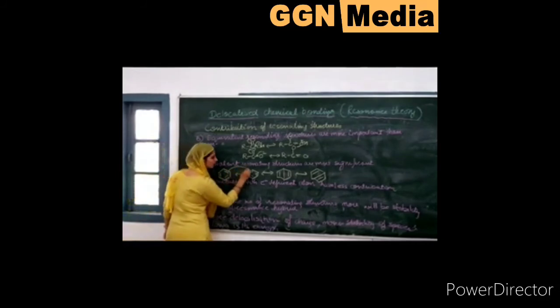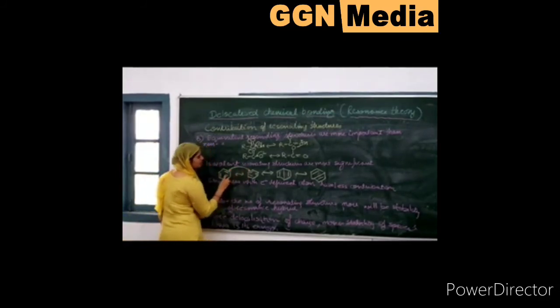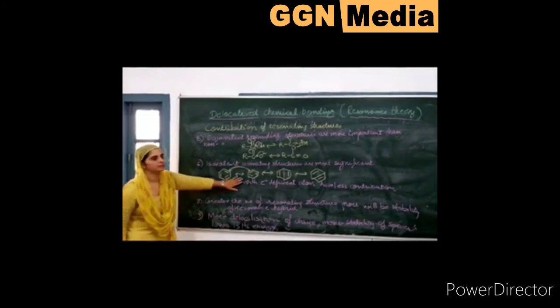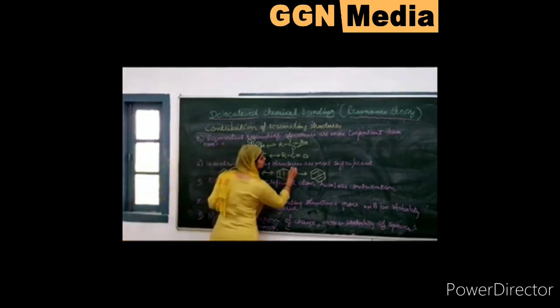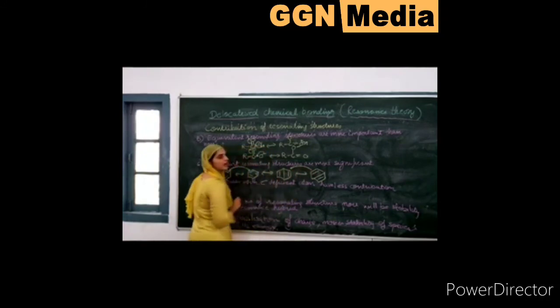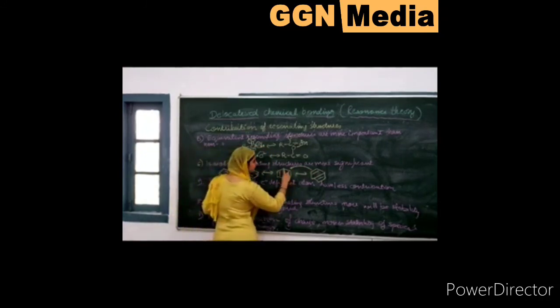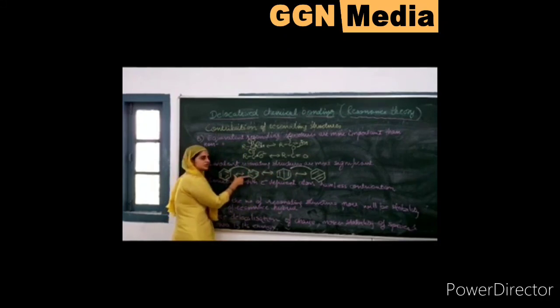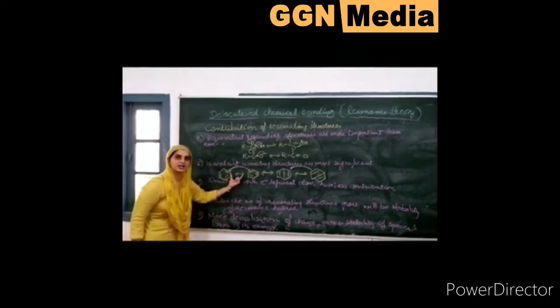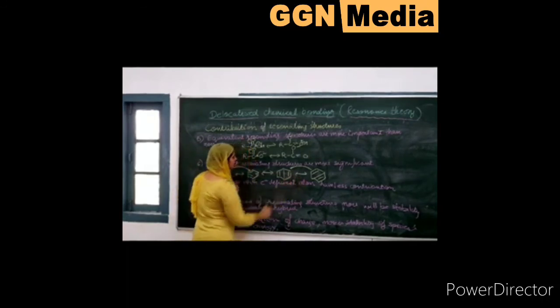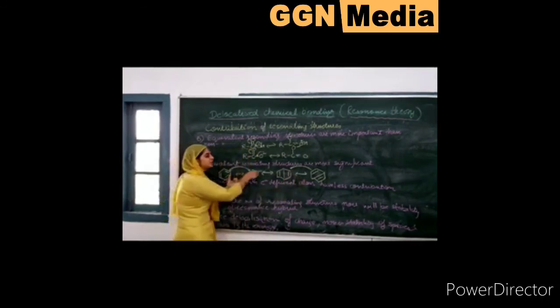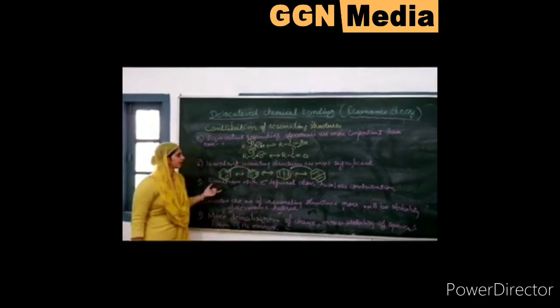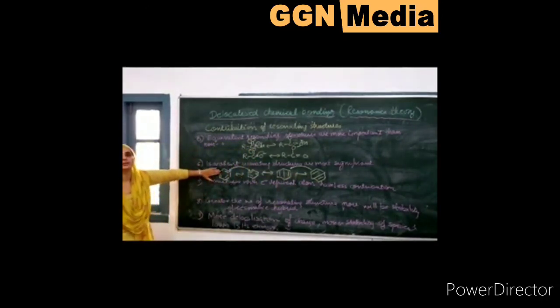So, these two equivalent structures of benzene are isovalent resonating structures because they have the same number of covalent bonds. And these two are also isovalent to each other. But these two structures are heterovalent to these two structures. And these two isovalent structures are more contributing towards the resonance hybrid of benzene.